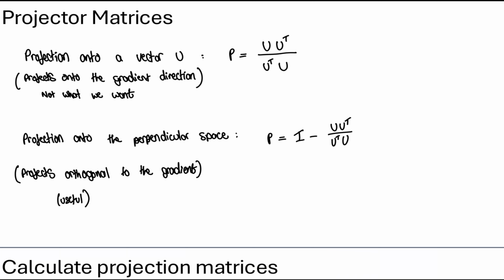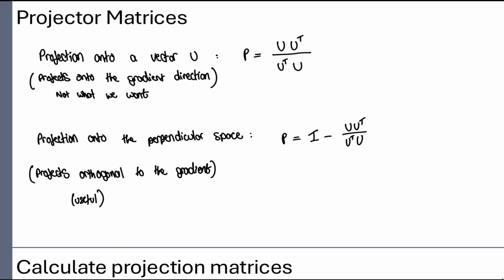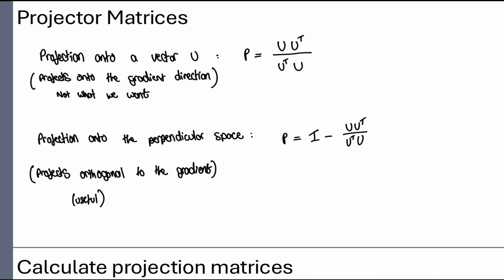So when we use the projection method, when working out the nature of a constrained optimization problem, we would use this formula to work out the projector matrices, which we then sandwich between the Hessian.